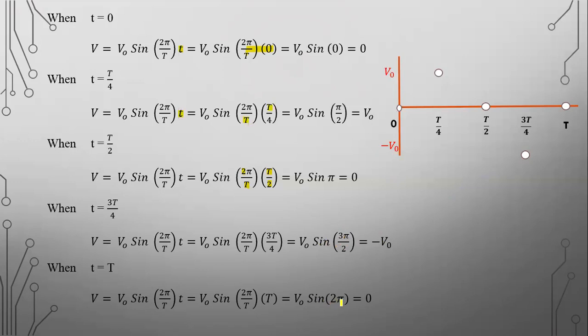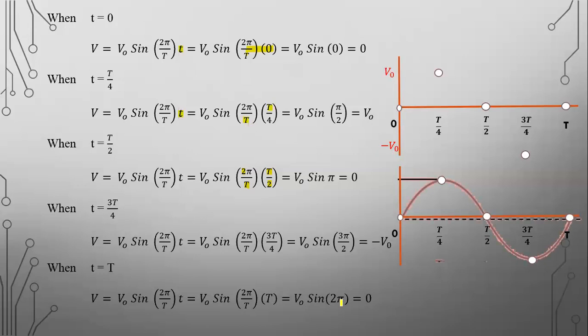If you trace all these points and join them with a line, you will obtain a waveform of this kind. So this is called the sinusoidal waveform, the sinusoidal waveform of alternating voltage. That means an alternating quantity will vary sinusoidally with respect to time.